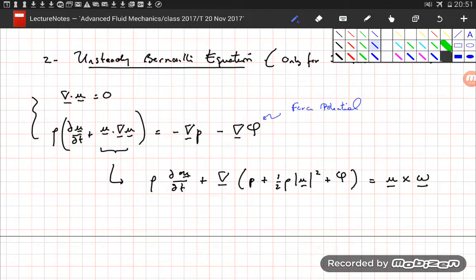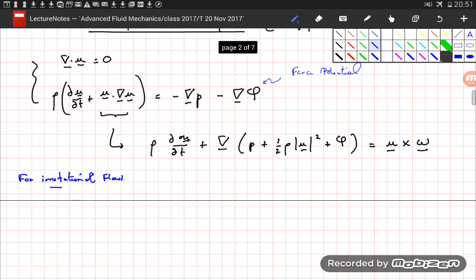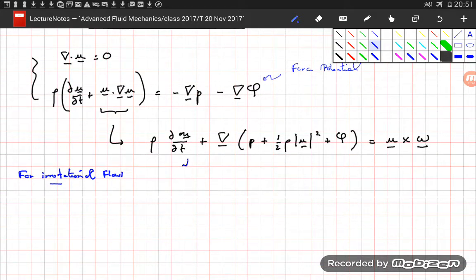Now, there are two important things. If we assume the flow is irrotational, then u derives from a potential, so I'm going to rewrite u here as the gradient of my velocity potential.